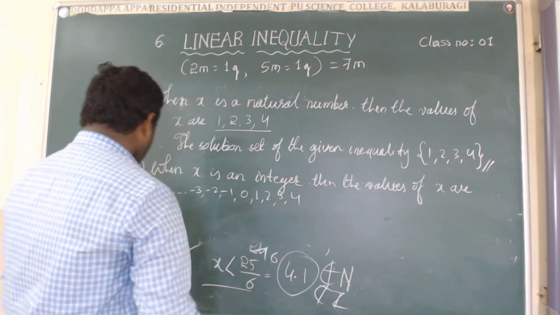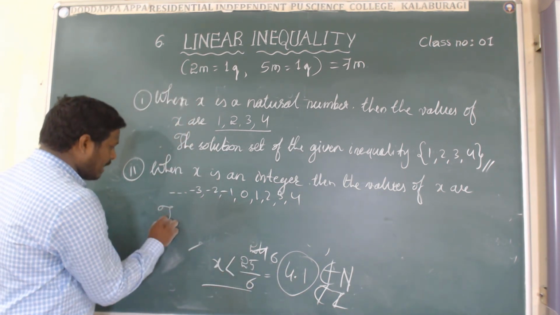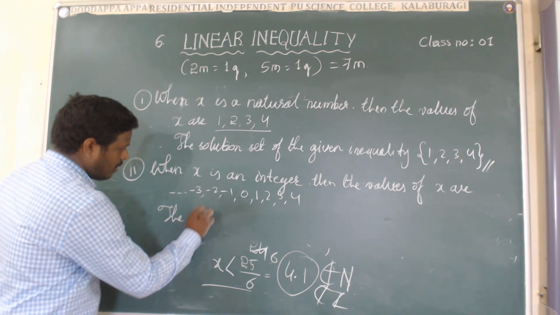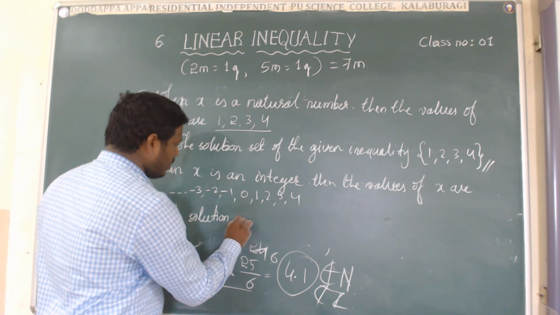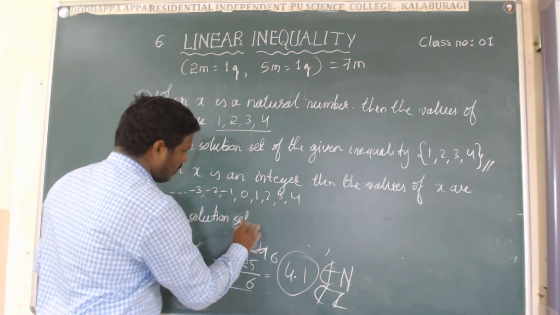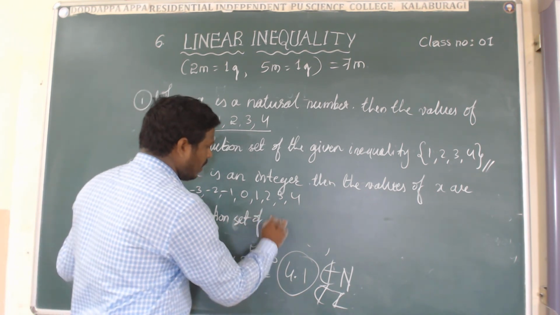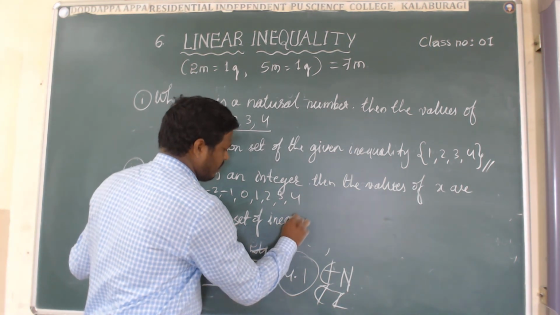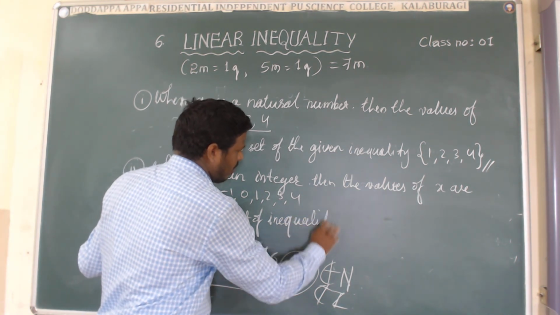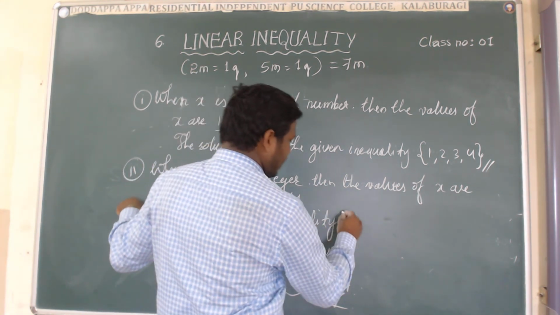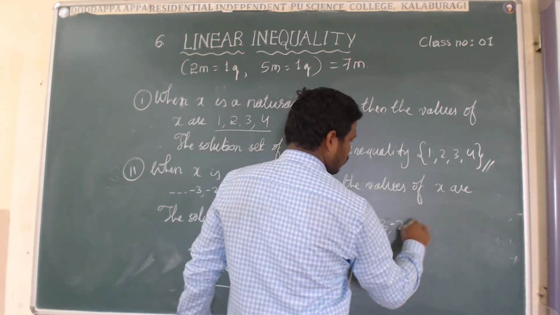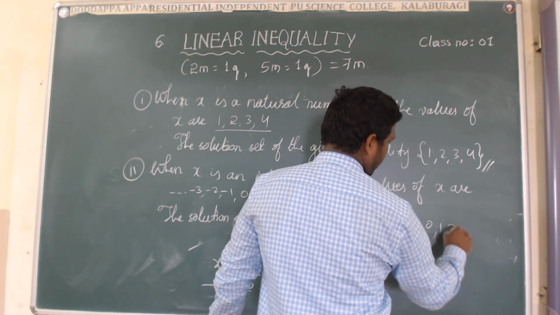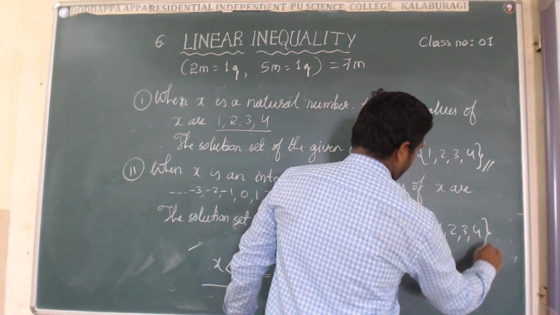When you write the solution set of the given inequality, you can write that also: so on -3, -2, -1, 0, 1, 2, 3, 4.